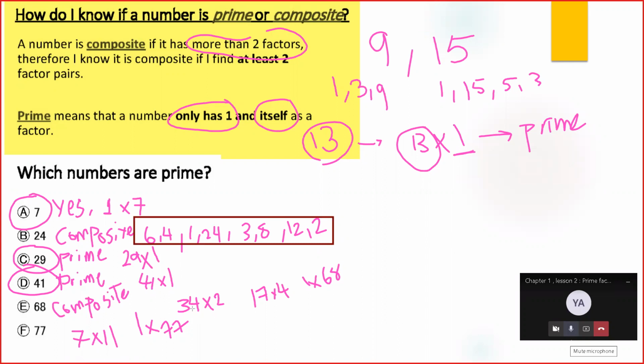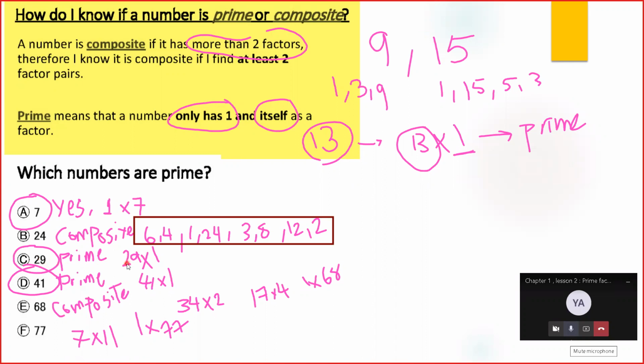So here we have 8 factors. The rule is if we have more than 2 factors, it is composite. Here we have 8 factors, so it's going to be composite. But look at 29.